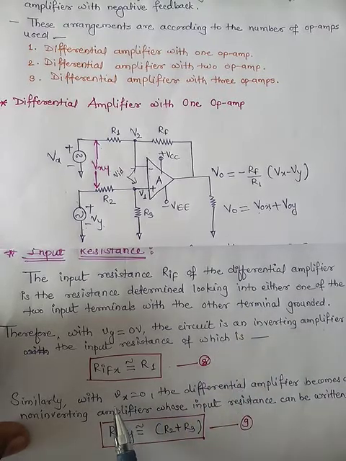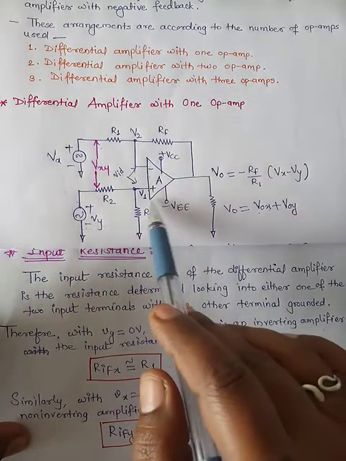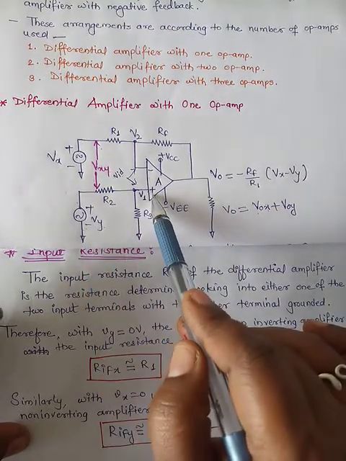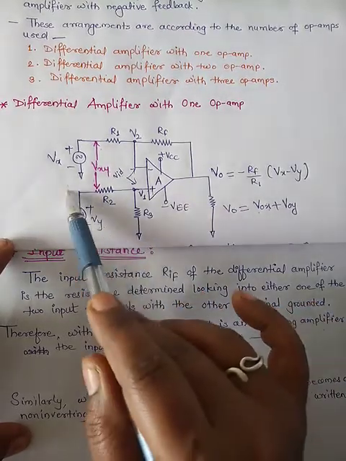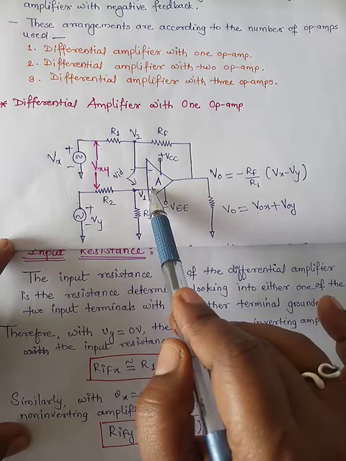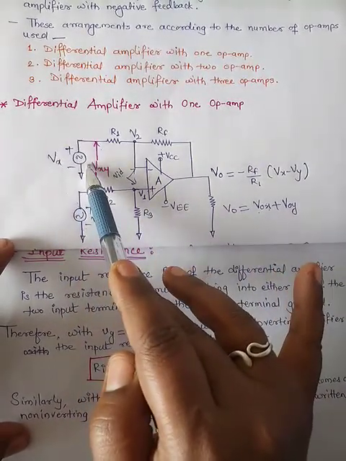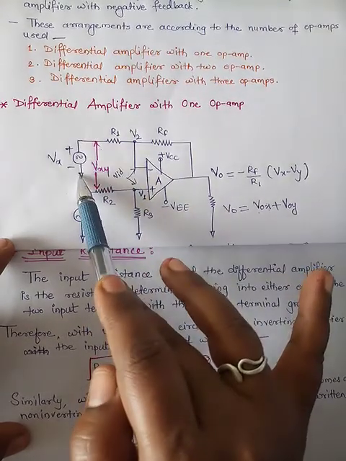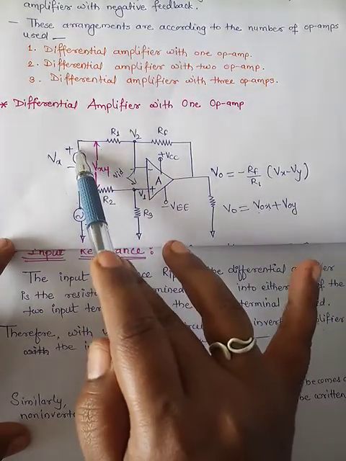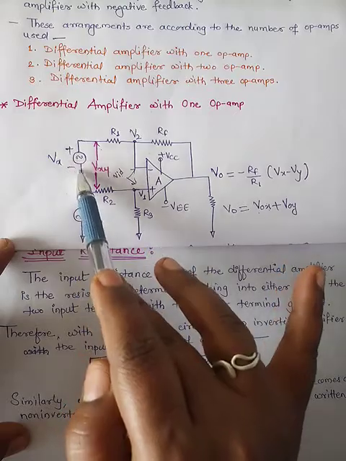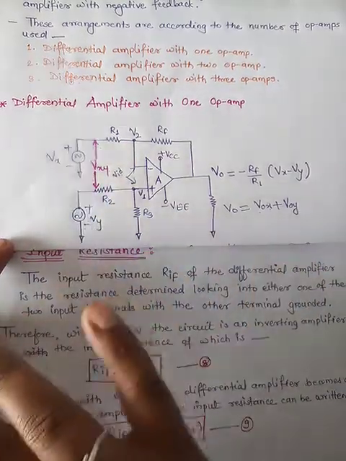Similarly, we have to look into the other input terminal, that is the non-inverting input terminal. When we are looking into the non-inverting input terminal, the condition is that we have to set Vx equal to 0, so this signal source becomes short-circuited. This value is equal to 0, and R1 is connected to ground.